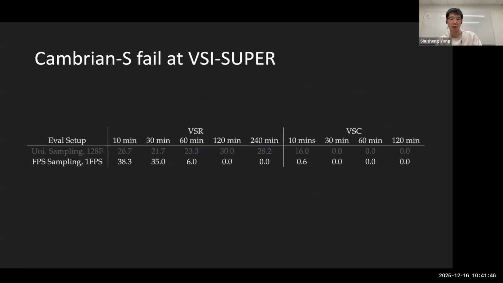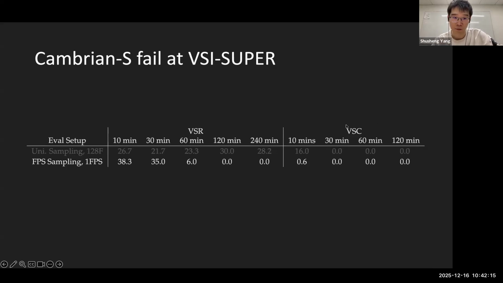But although it performs very well on VSI-Bench and other video understanding or image understanding benchmarks, when we evaluate models on our proposed VSI-SUPER, we found the performance decreased a lot. For example, on the VSI-SUPER recall task, the performance just dropped to 0 if we feed the 1 hour video into the model.